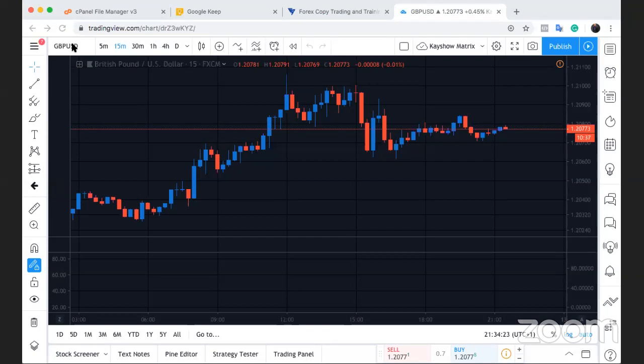So for you to trade US dollar, you must bring in a particular currency that you want to trade with and say, oh, I want to trade GBP USD, EUR USD, or I want to trade GBP JPY. So it means you are trading the Great Britain pound against the Japanese yen.